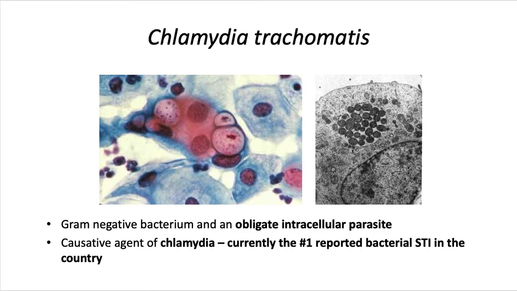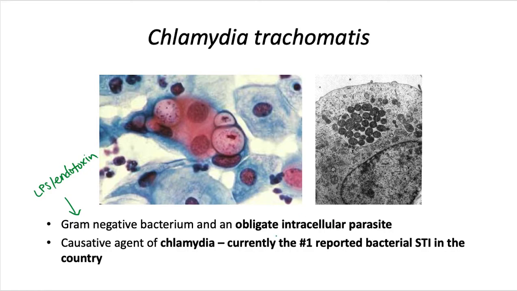Chlamydia is an infection caused by the bacterium Chlamydia trachomatis. It is a gram-negative bacterium. It doesn't form capsules, but it will have endotoxin because of its nature, having that outer membrane.